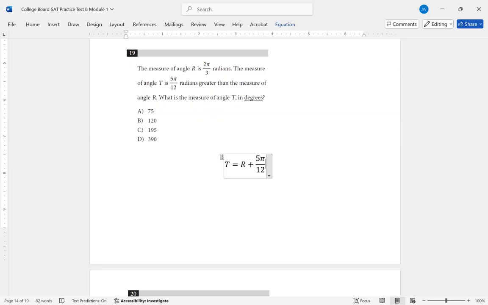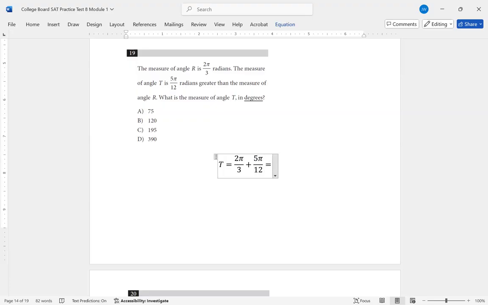And then it's asking, what is the measure of angle T in degrees? Well, before we do degrees, let's start with radians. So R is 2 pi over 3 radians. T is 5 pi over 12 more than that.